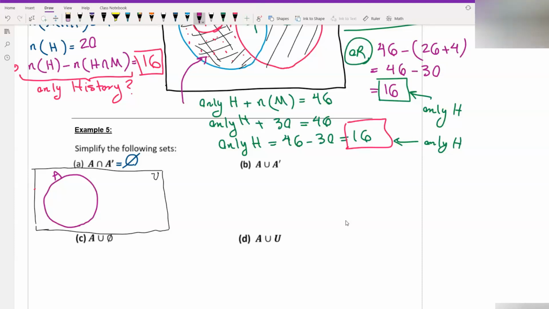Now A union complement of A. So the answer is universal set.